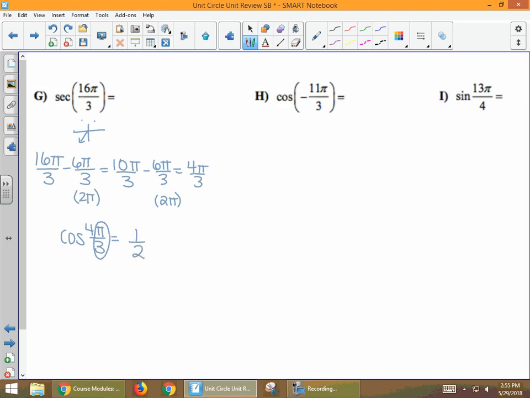In the third quadrant, where 4 pi over 3 lives, cosine is negative. So for my final answer of secant of 16 pi over 3, I'm going to take this value right here, negative 1/2, and I'm going to flip that fraction. So it's going to become negative 2.